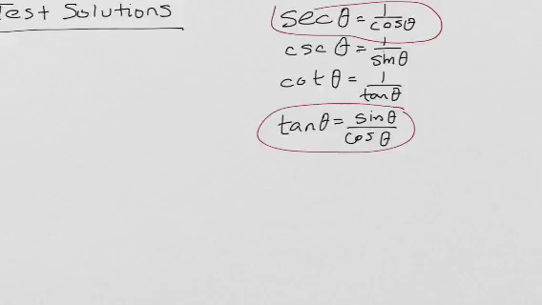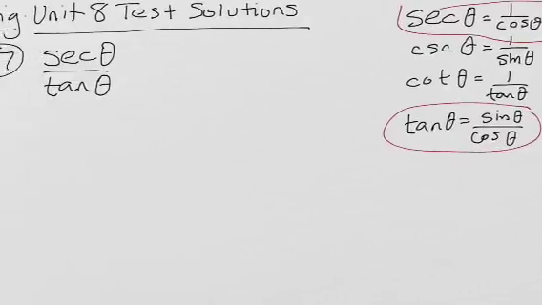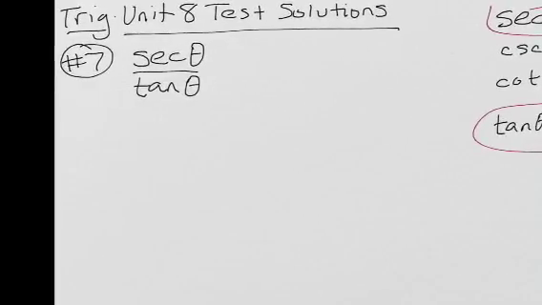The strategy I'm going to use on this pretty simple problem is just to rewrite the whole thing in terms of sine and cosine. So secant equals 1 over cosine, and tangent equals sine over cosine.